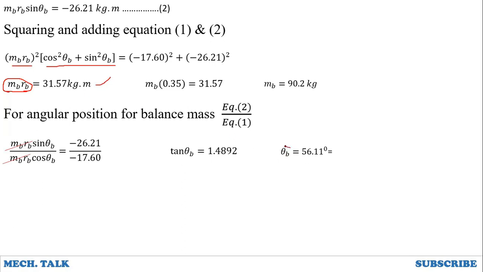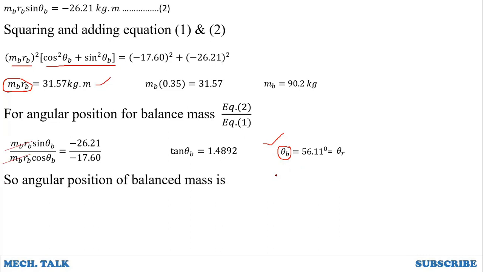This is not the angular position of the balance mass; it is the angular position of the resultant force. So we have to add 180 degrees to this. The angular position of the balance mass is theta b equal to 56.11 plus 180, which gives 236.11 degrees.